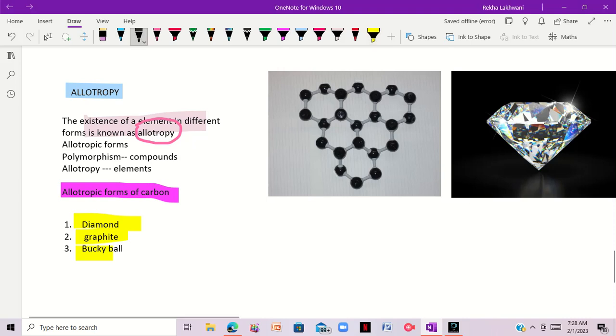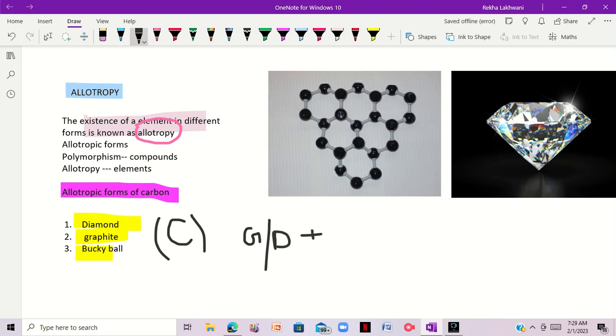These all have carbon, right? If they react with oxygen, they will form carbon dioxide. For example, if we have G for graphite, or D for diamond, if they react with oxygen, they will form carbon dioxide, right?